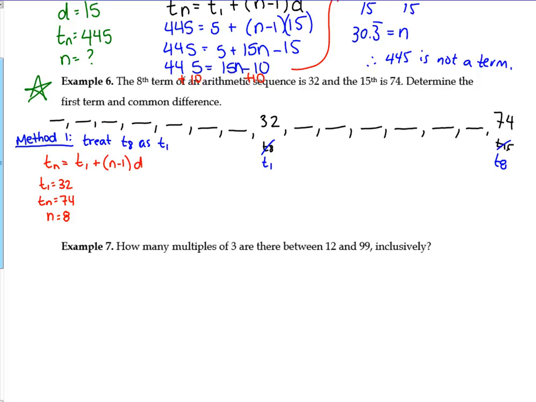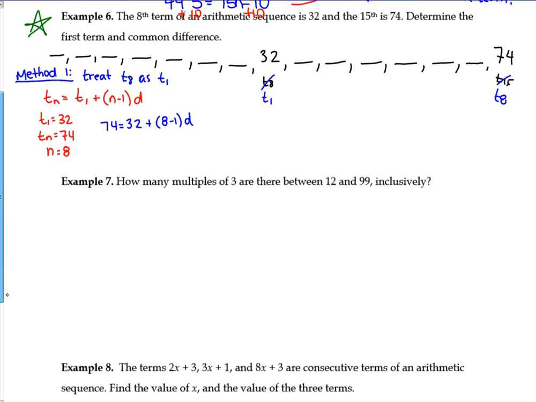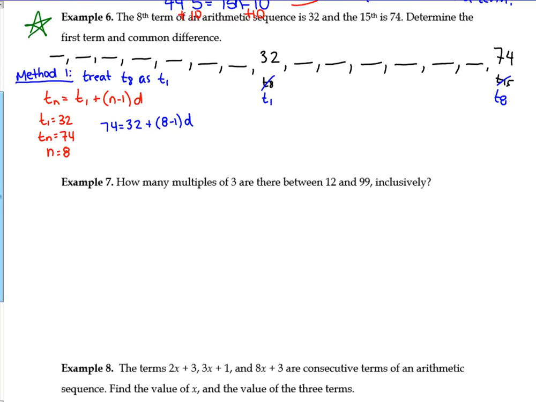So t of n we said is 74. First term is 32 plus n, do we know what n is? 8 minus 1 times our common difference. Or 7D. Okay, so what would I do next?